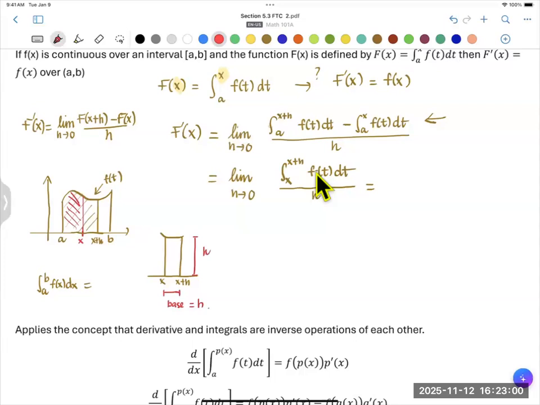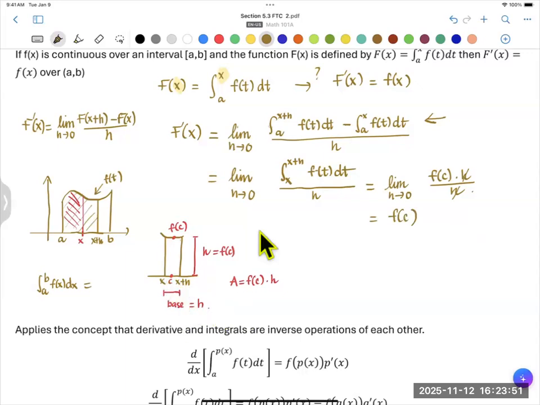The height, if I take any point c between x and x plus h, will be f of c. Then the area of that rectangle is f of c times h. So I replace that by the limit as h approaches 0 of f(c) times h over h. Can we cancel out the h? Yes, and we get the limit as h approaches 0 of f(c).